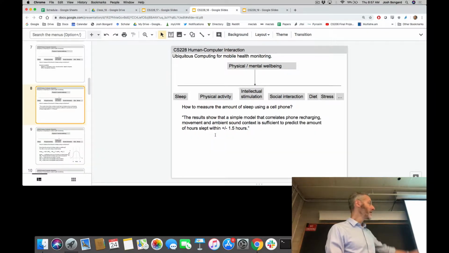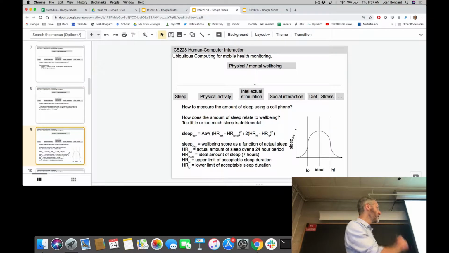So we're getting actual from the raw measurements on the phone. It's predicting how many hours of sleep you got last night, pushing that through this equation, which gives you back the number sleep sub day, which is how your sleep is positively or negatively contributing to your well-being. So if you're getting very little sleep, sleep sub day is 0.